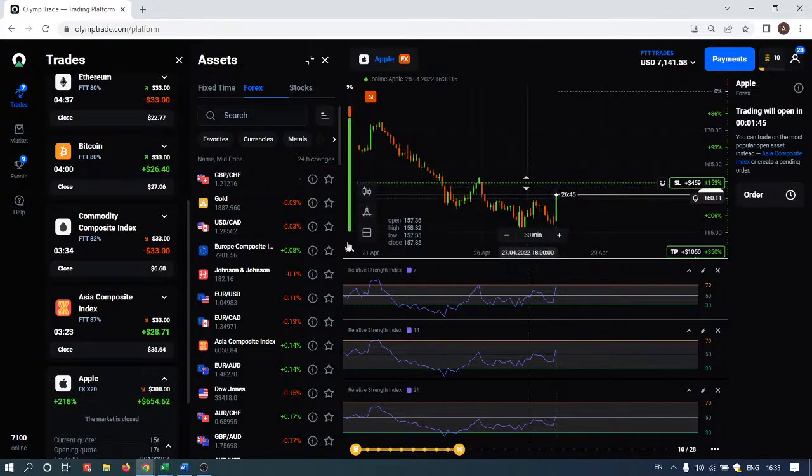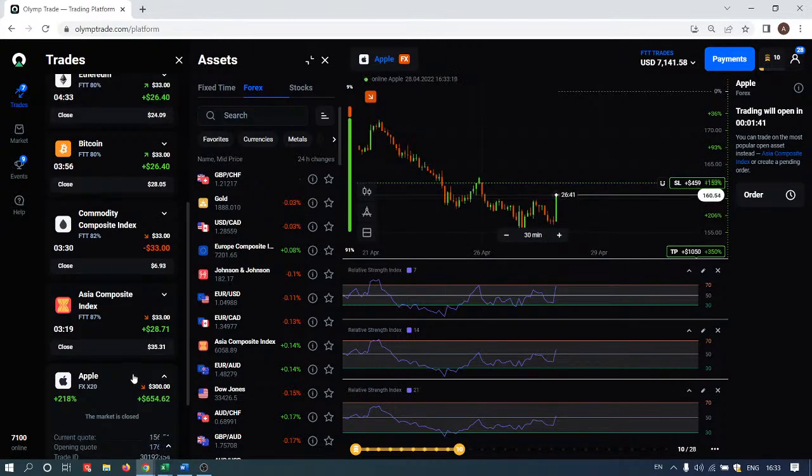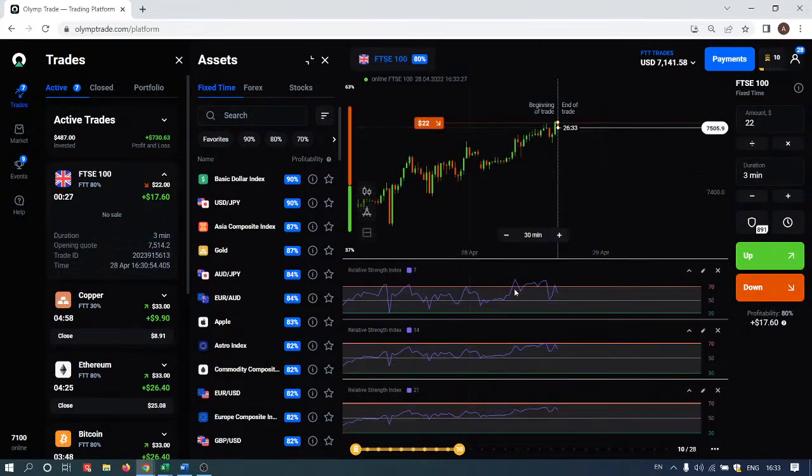So I will not make less than $450 off of this trade, or 459, something like this. So yeah, I'm pretty happy that I opened that trade and I'm still holding it.